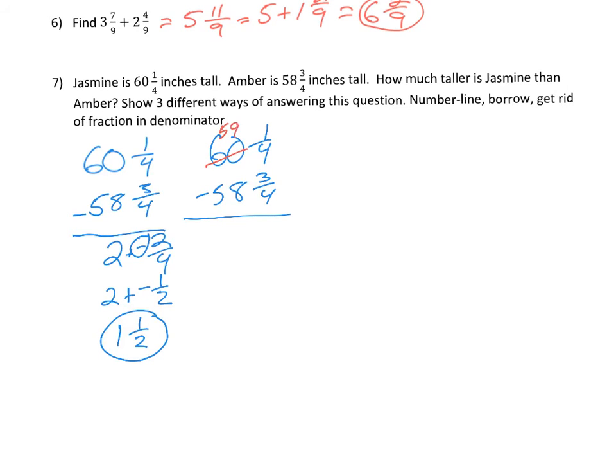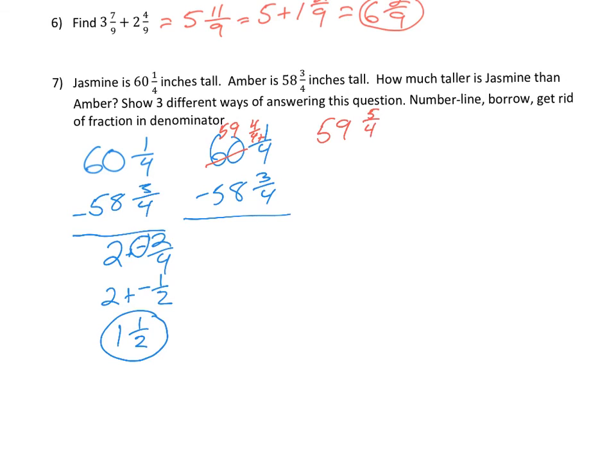I'm going to borrow a whole one, and I'm going to add 4/4, which is a whole one, to the 1/4. So now I'm going to end up with 59, and the 1 that I took from the 60 to make it 59 is going to add to the 1/4. 4/4 plus 1/4 is 5/4.